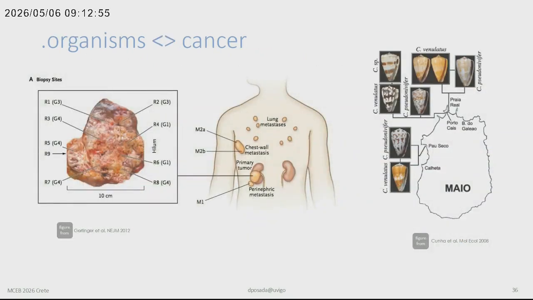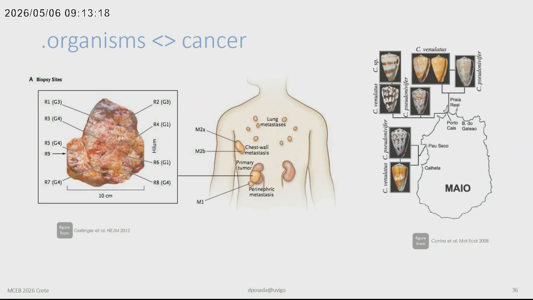Now, once we have a tool, I started to think. A few years ago, I tried to be a marine biologist, and we went several times to Cape Verde to get some Conus, beautiful marine snails. And when I saw this figure in a seminal paper in the New England Journal of Medicine about multi-regional sequencing, I thought, well, that's what we do.